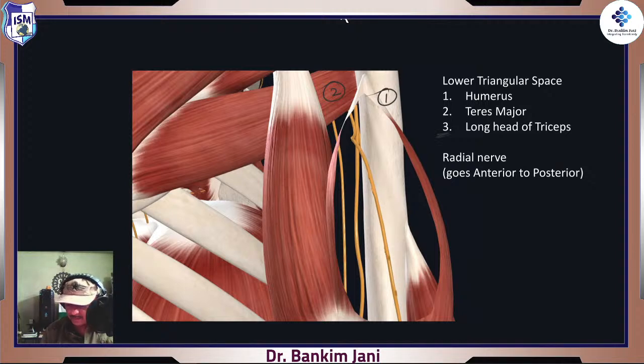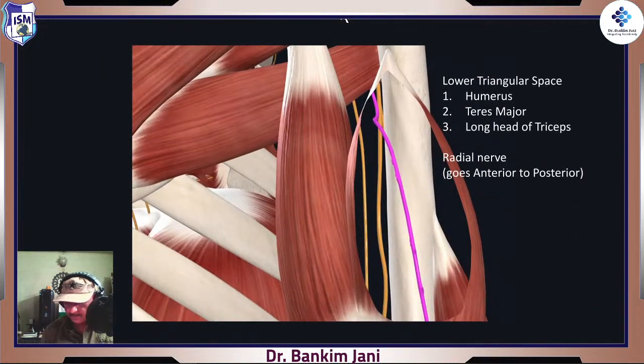And here is what we are getting, the radial nerve, right? Radial nerve. It goes anterior to posterior, right? That's how it goes, anterior to posterior. That's the radial nerve. Now see, there are two more nerves which are going along with it.